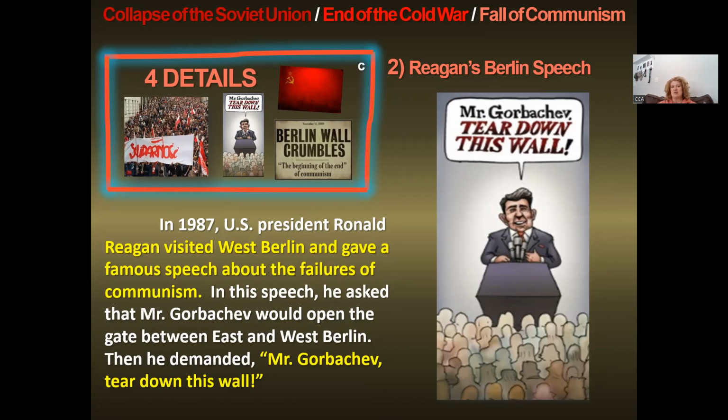So you think about this too, as the wall is taken down, as Germany is reunified, that is also an enormous task. So one of the ways that it was easy for me to remember, and it's not even in this PowerPoint, but when I was learning this as a student, I'll never forget this.